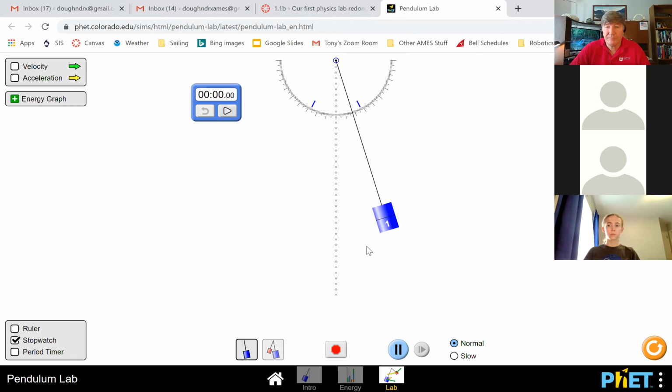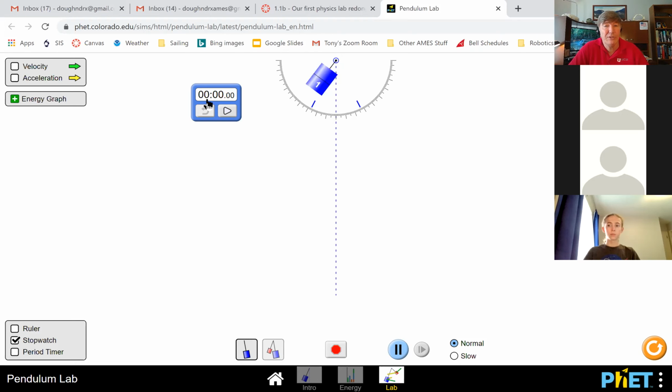Let's take a couple examples here. I'm going to start off really small, and I'm going to measure the period just like you guys do. Now remember, there's always some human error. When I click on the start button and I click on the stop button, I can't get it timed exactly right. So there's going to be some error.